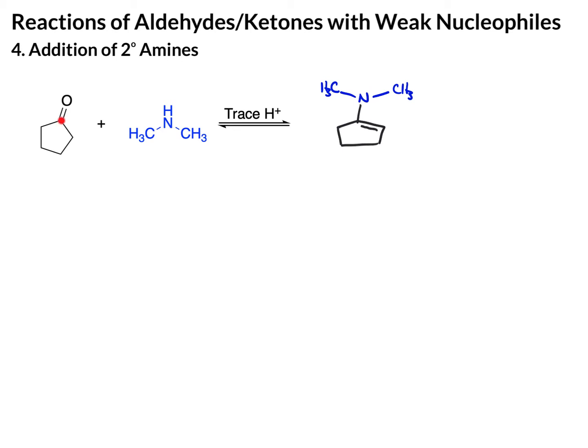So where the carbonyl carbon was and the neighboring carbon, you end up forming a double bond. This particular functional group is called an enamine. The ene for the alkene, the amine for the amine. The byproduct of this is, again, water.